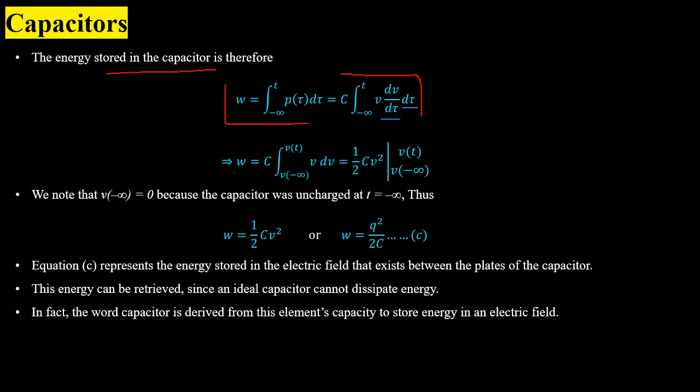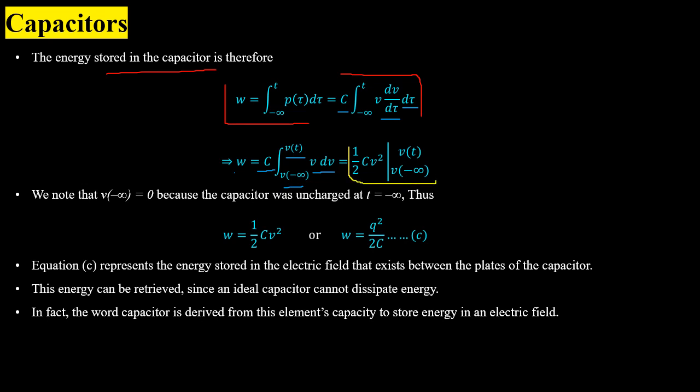So cancelling out and changing the limits, the energy stored will be equal to capacitance times the integral, with limits of voltage at minus infinity to voltage at present time v of t, of v dv, and will be equal to half CV square with limits given here.